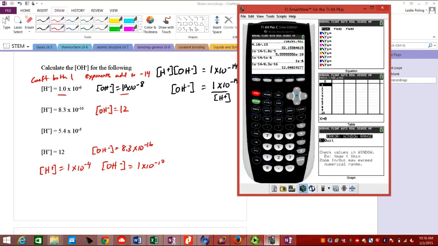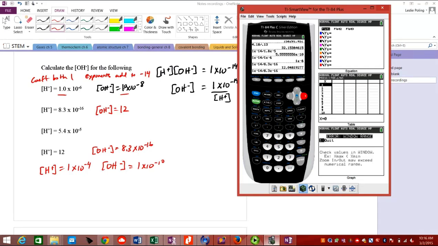All right, so second enter. And we have 5.4. Whoa, I did that in the wrong place now, didn't I? Guess you got to be careful with that second enter.